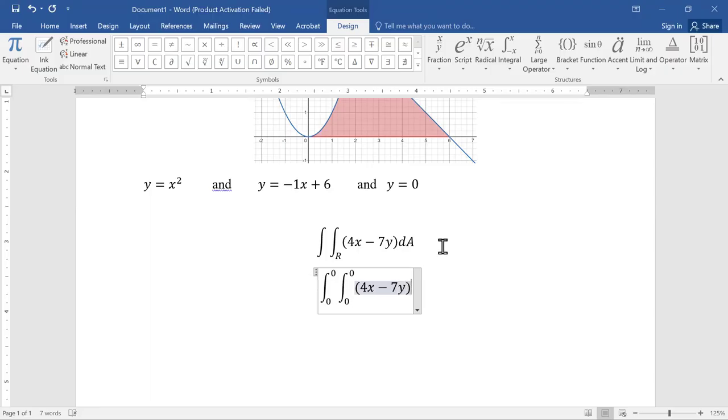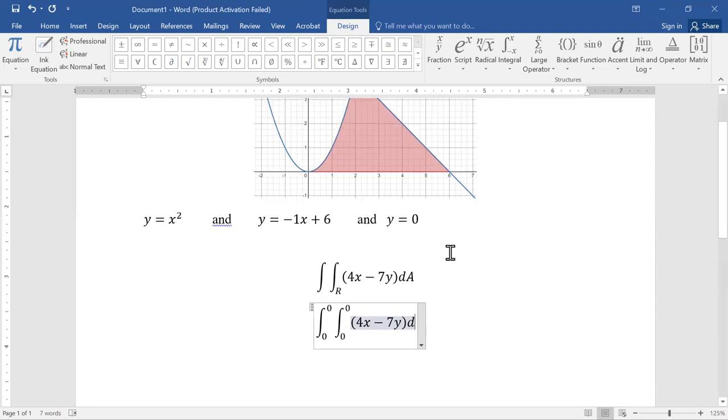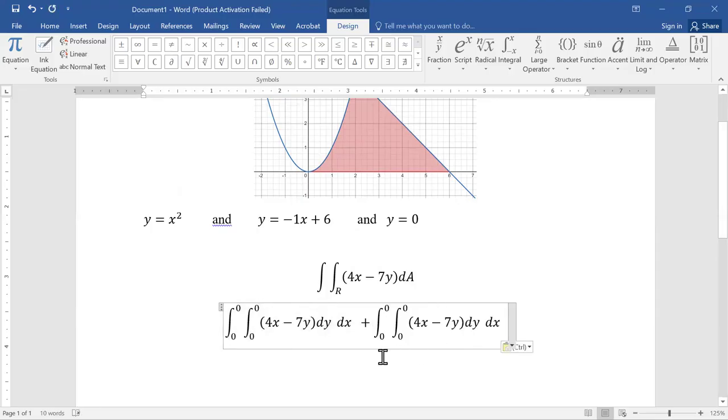I do want to integrate with respect to y on the first region, and then with respect to x. And then we'll do the exact same thing for the second region, the R1 and the R2 that I had just laid out.